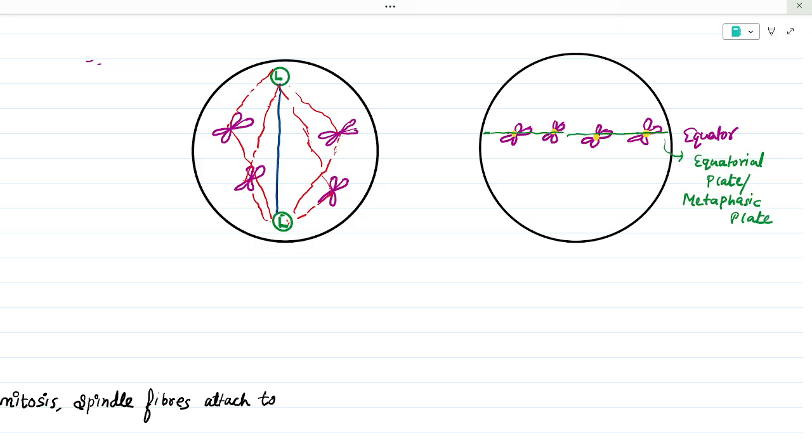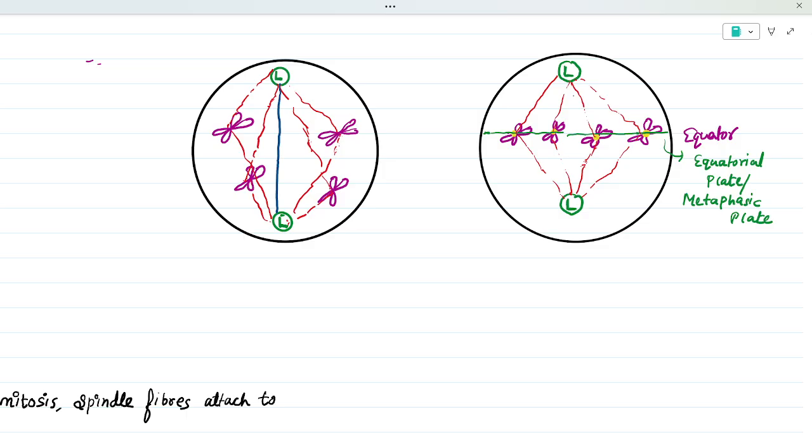How are these chromosomes able to align at the equatorial plate? This was possible only due to the spindle fibers. These discontinuous spindle fibers are making it possible so that all the chromosomes can get aligned and maximum condensation occurs, so chromosomes can be clearly visible. That's why it is the best stage to study the morphology.